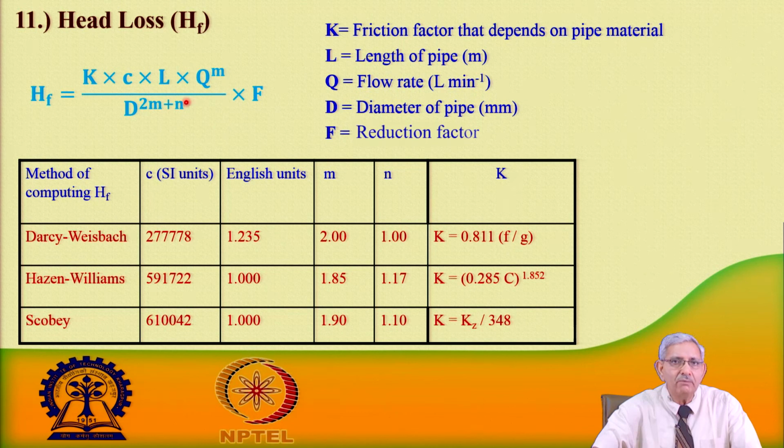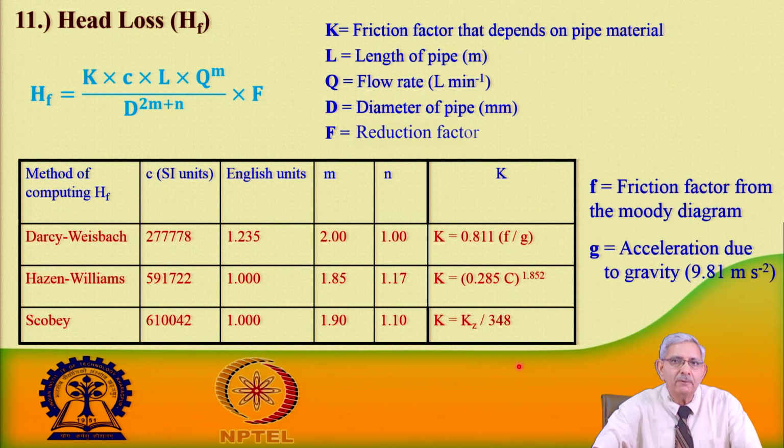Accordingly, k is the particular unit constant, which has to be obtained by using the appropriate expression. In case of the Darcy-Weisbach equation, we will be using this equation, and f is to be obtained from the Moody diagram; this is for the Hazen-Williams equation, and this is for the Scobie formula.